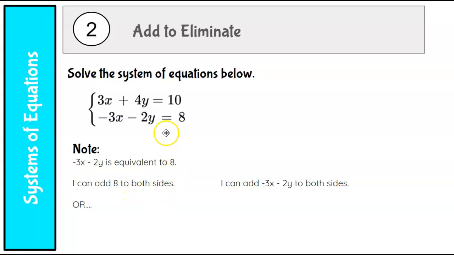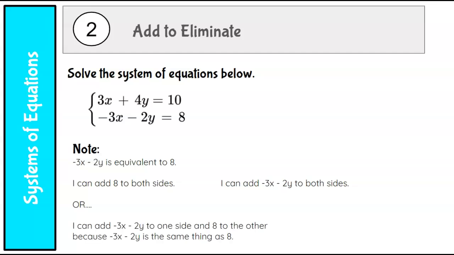So I could add 8 to both sides of the equation and it would remain balanced. I could add negative 3x minus 2y to both sides of an equation and it would remain balanced. Or I can add negative 3x minus 2y to one side and 8 to the other, because negative 3x minus 2y is the same thing as 8. This is my elephant and this is my hippo.